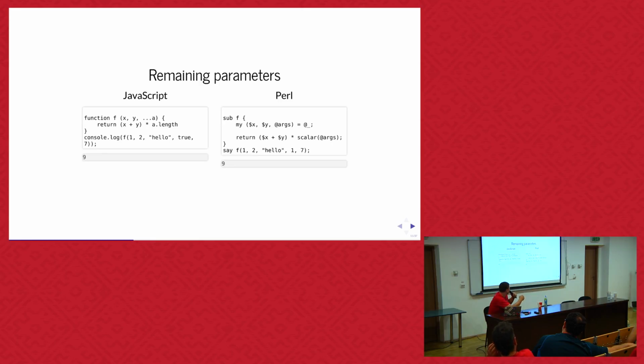In Perl, things are quite a lot simpler and much easier to use. You can just pass any number of variables and collect them in the args variable. So in JavaScript, you have to use the spread operator for that. It also has some other applications like splitting a string into characters. But, well, we don't need that, we have the split function.